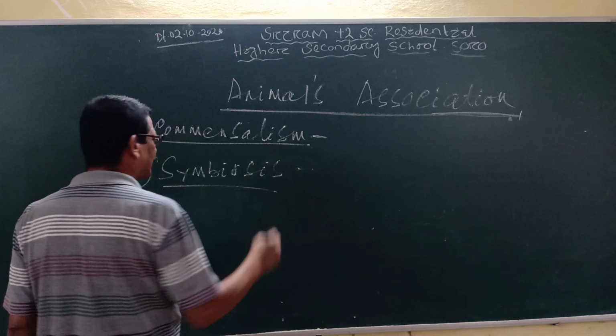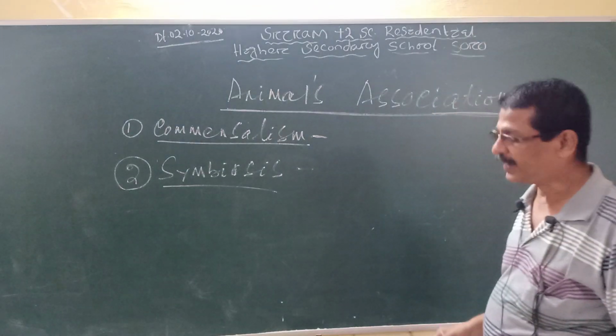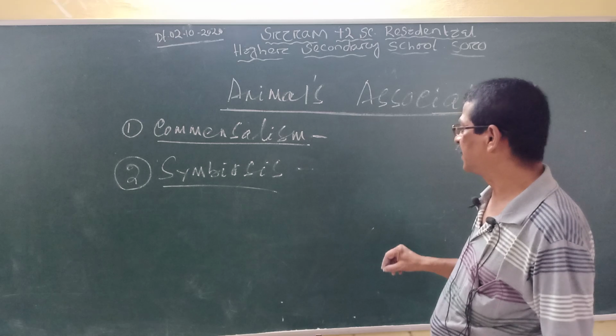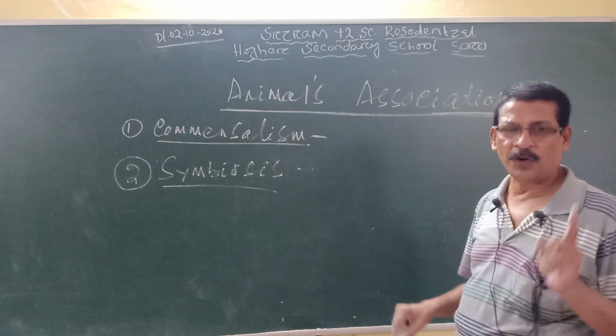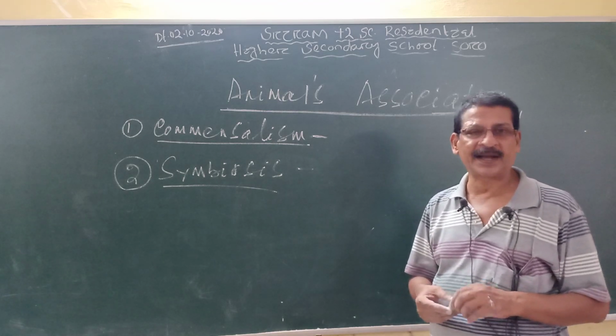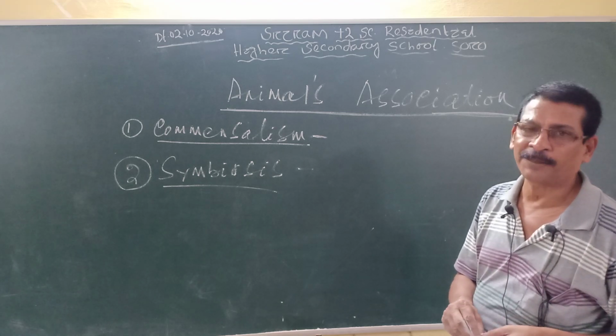You come to the second category, that is called symbiosis. It is an association between two organisms where both are benefited. That means they are interdependent, one is depending on the other.